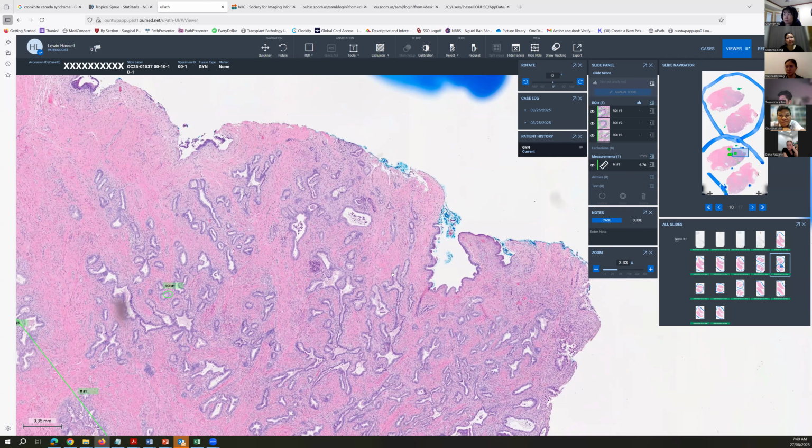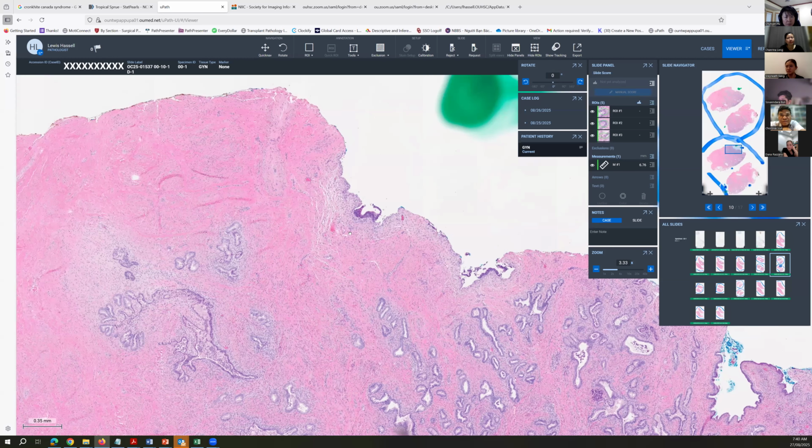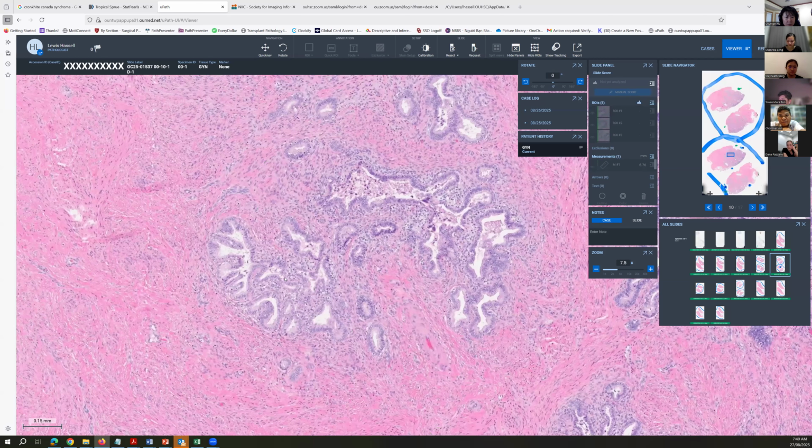And I think we can even see it's down here fairly deep at the margin as well. So I measured this on several different slides, and this actually was the largest measurement, which was over 6 millimeters of extension. But one of the things that was quite interesting to me initially was these kinds of areas here.